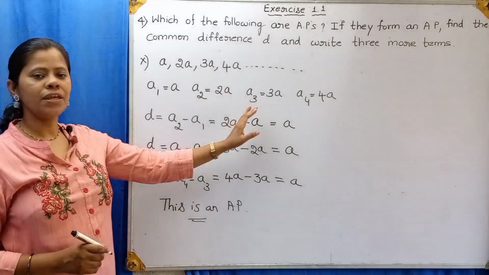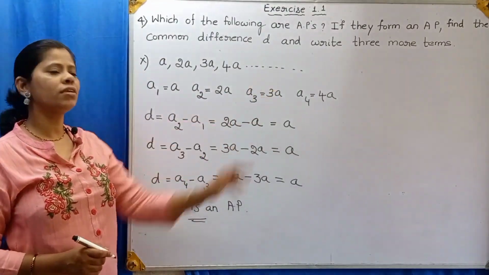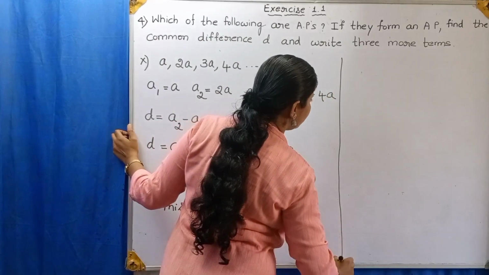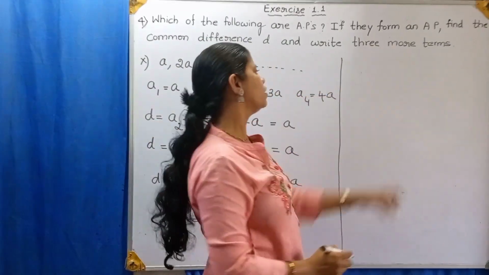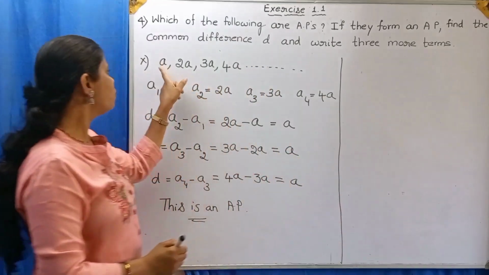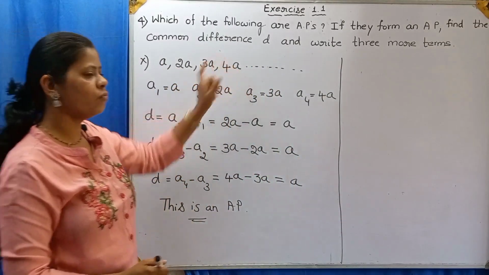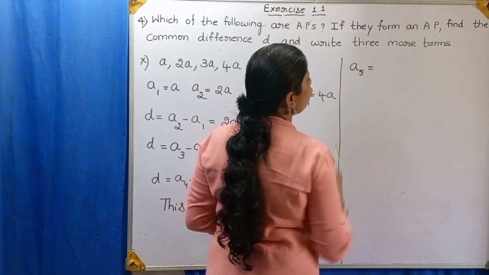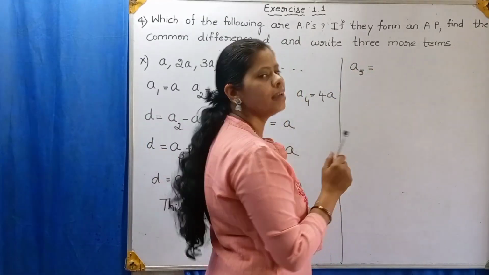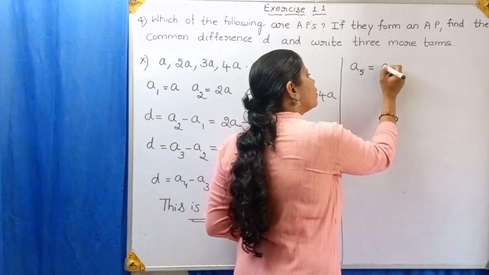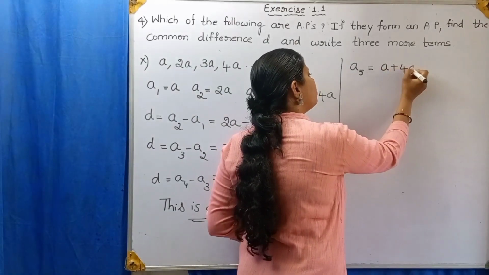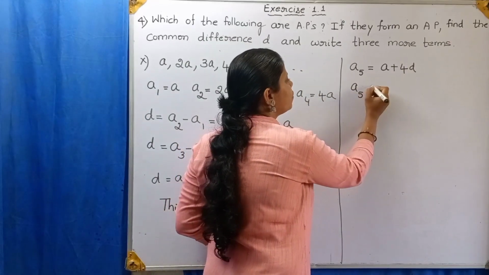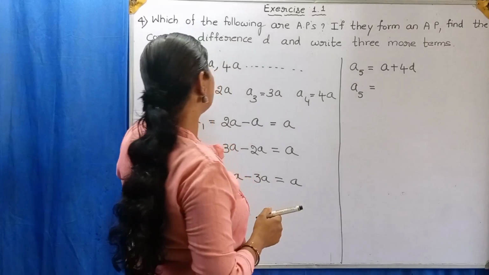Since it is an AP, we have to find a few more terms. Let us find out the 3 more terms here. Already we have A1, A2, A3 and A4. Now let us find A5. We know the formula. A5 is A plus 4D, right? A plus 4D. Now see here, A5 is equal to A. A is what?